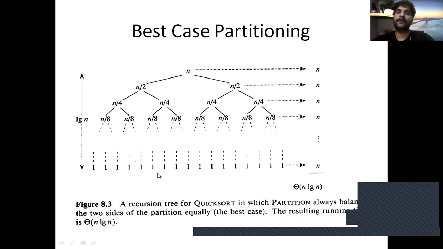So the total time complexity of the best case of partitioning quicksort equals theta of n log n. That is, the time complexity depends upon the partitioning procedure. If the array is partitioned by the midpoint, this is the best case analysis of quicksort, and the time complexity is equal to theta of n log n.